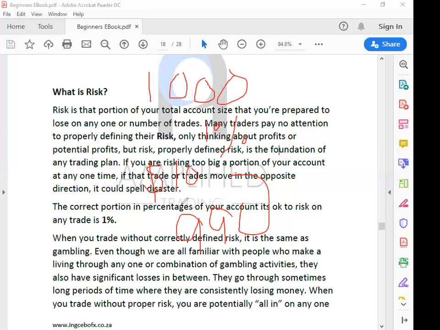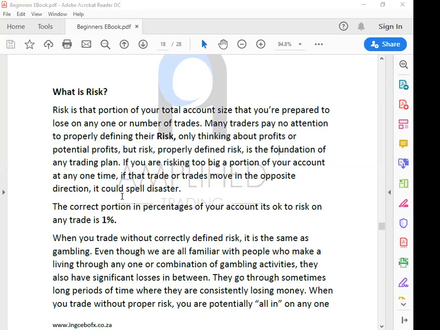Right. So, as I was saying, that is basically the risk side of things. Then you divide that $10, for example. If you're only risking $10, you divide that by the number of pips that your stop loss has. So if your stop loss is 10 pips, it's going to be $10 divided by 10, and that is 1.